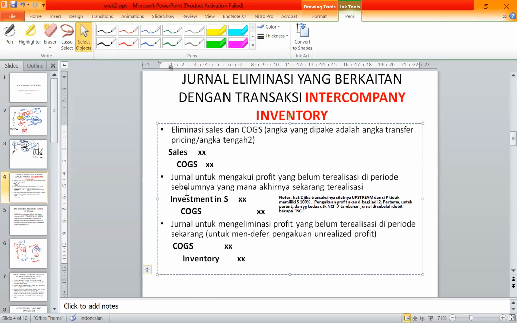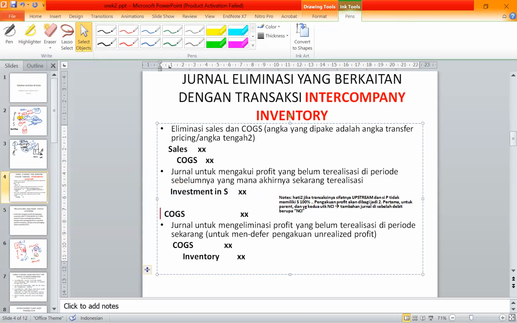So there is an additional journal entry here, not a new journal entry, but more like we have to add one row when we're talking about the profit that finally will be realized. Because P does not own S 100%, the portion that goes to P is only the portion that mirrors its percentage of ownership.